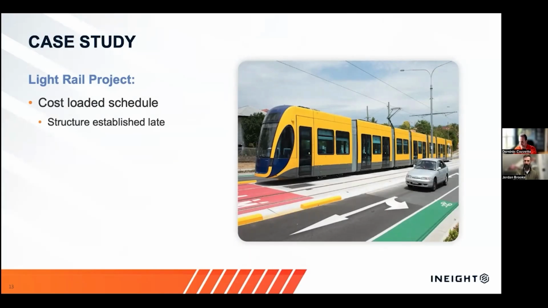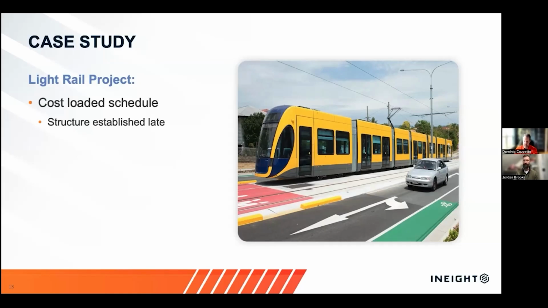There was a cost loaded schedule, and the structure of that cost loaded schedule was established at execution time. So I came on this job at execution time after the bid phase. The job had been won. There was no estimate schedule that the baseline schedule tied to.